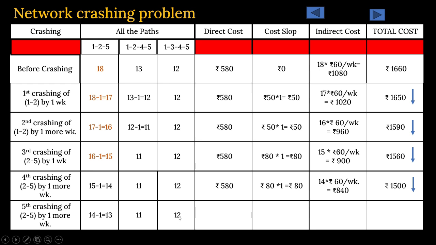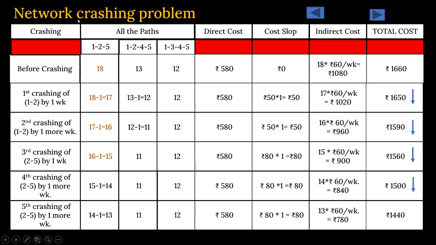There is no change because that activity is not there in these other paths. Here the calculation is very easy now. 580 normal cost, direct cost, 80 rupees your cost slope per week, and your project duration is now 13 days. So 13 multiplied by 60 is 780. So this is your project cost now after crashing it by the final day.